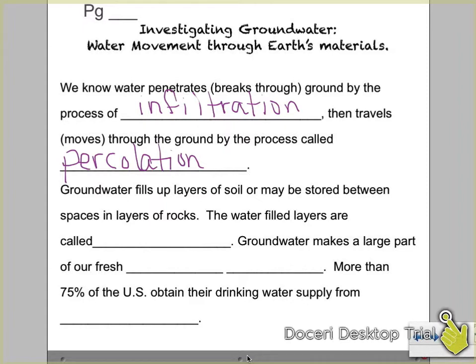Once it moves through the ground, it passes through this top layer of water, which is called the what? Water table. Once it passes through that top layer of the water table, it enters into what we call the zone of saturation. That zone also holds our what? Groundwater and our aquifer, where aquifers are located.